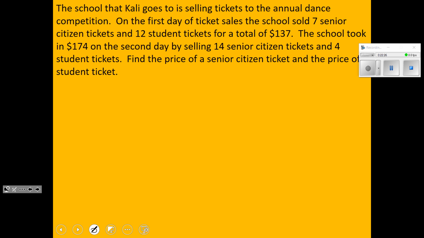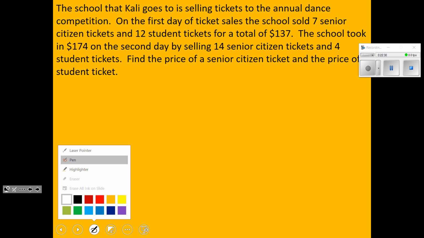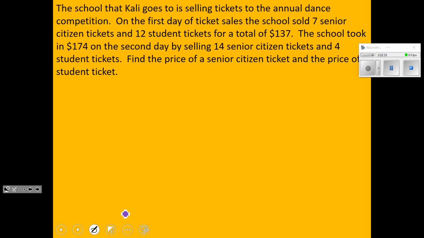Okay, so here we go. How do I know I need 2 equations? Because I'm comparing 2 things. So what am I comparing? I'm going to use, what use? How about X and Y?